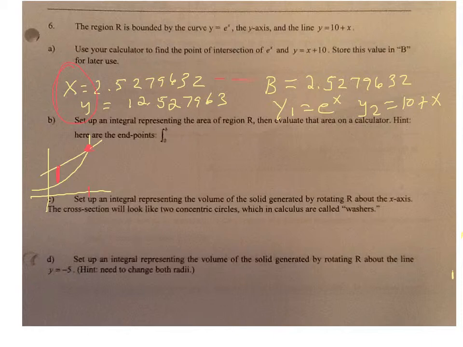Don't forget the X value we have also put into B, so that's why the integral can be set up from 0 to B. Your calculator now knows that value is in B. To find the area between two curves, take the integral from the lower limit, which is 0 in our case, up to the higher limit, of the higher curve minus the lower curve. And don't forget your dx or potentially dy.